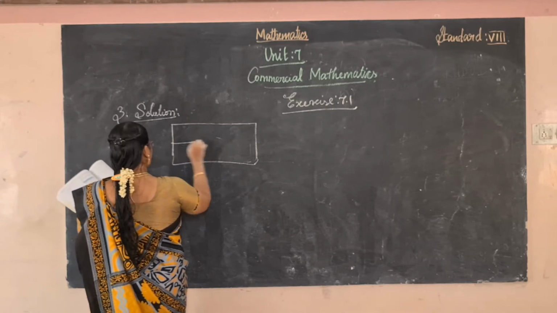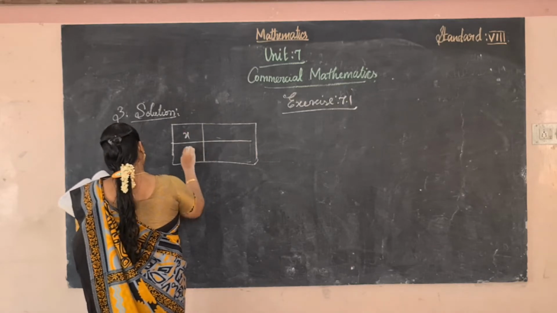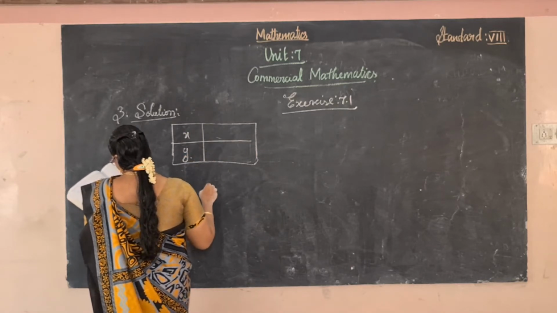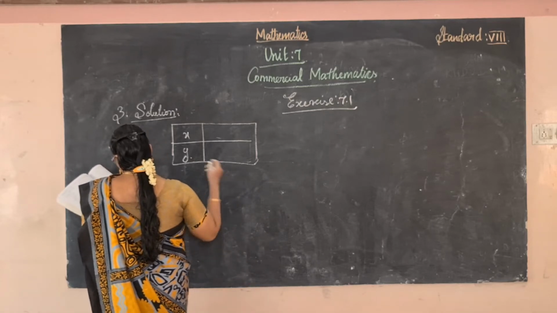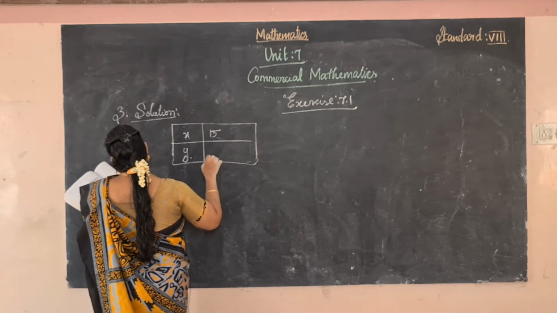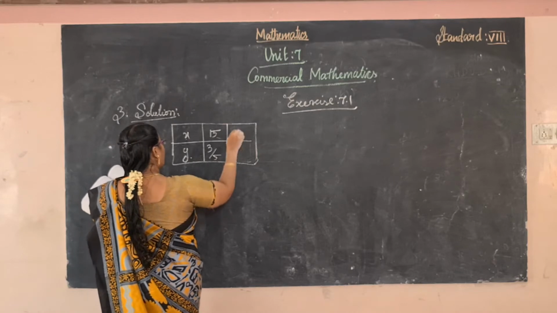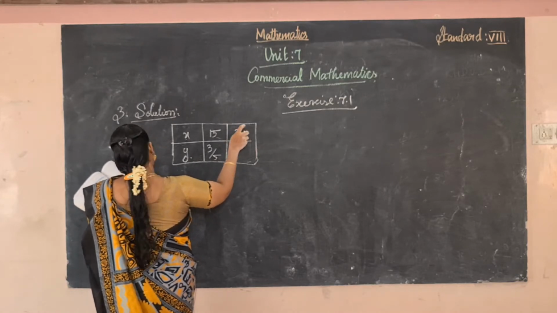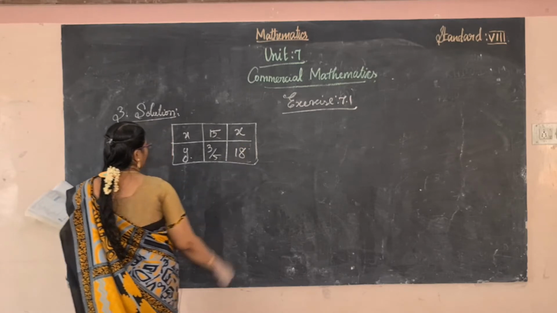Two variables, x and y, vary directly with each other. When x is 15, y is 3 by 5. Then we have to find x when y is 18.